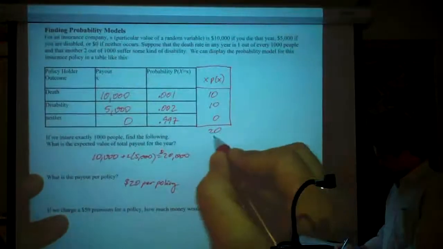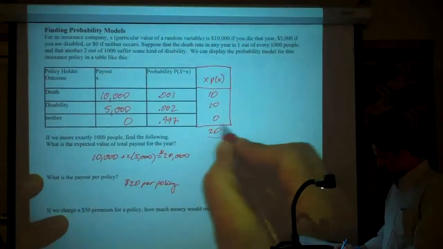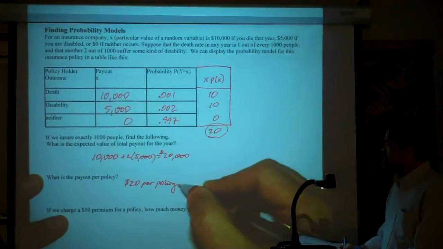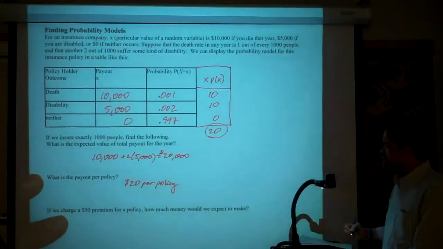This is the method I use to always find the mean of a random variable, and that's exactly what we're finding here, the mean of this random variable.